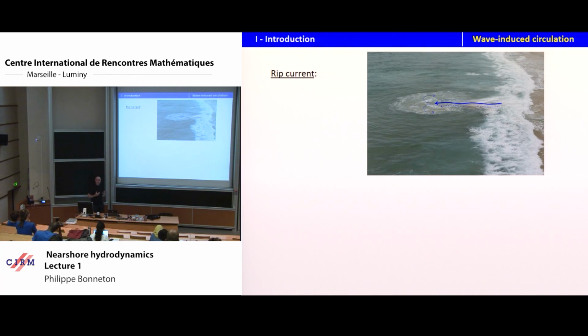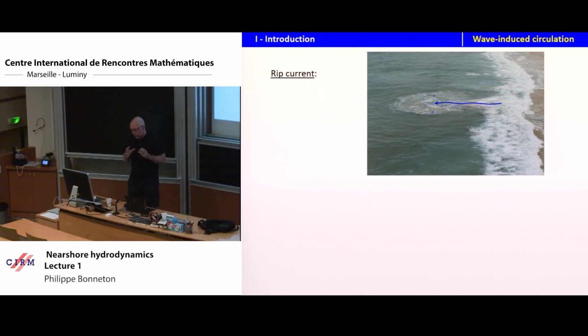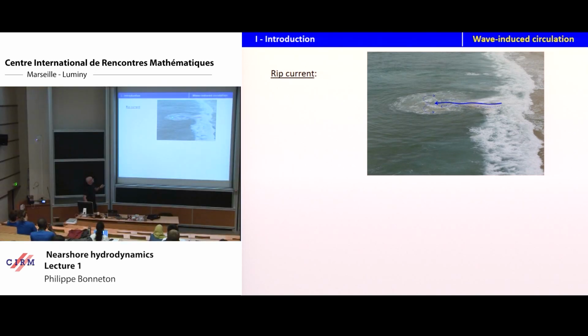Waves also have a strong influence on coastal currents, coastal circulation. One of the most famous currents induced by waves is named rip current. It is a narrow current, a sort of narrow jet, seaward oriented, which is frequently really intense, sometimes more than 1 meter or 1.5 meters per second.